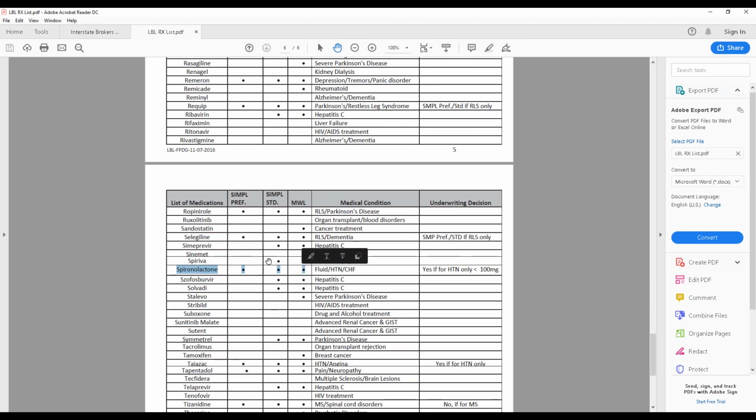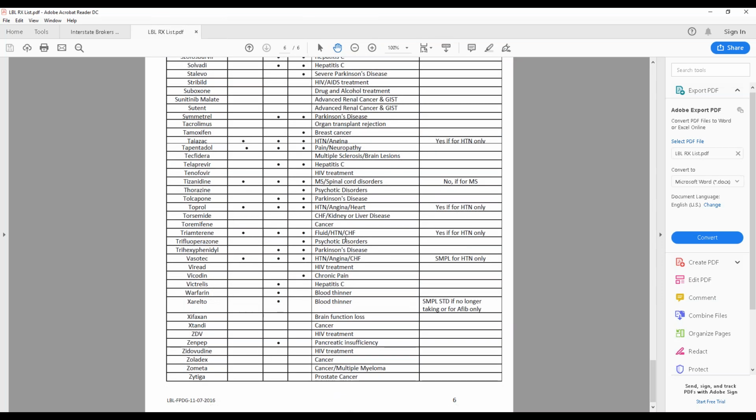And if you look here, Spiriva says that with this particular insurance company, it has to be standard ratings, okay, not preferred ratings, standard ratings, generally for the condition of COPD and emphysema. If it's for anything other than COPD or emphysema, then we can get them preferred ratings. But if this person has COPD or emphysema, then Spiriva would be a standard rating. So it would be a little bit more than a preferred rating.